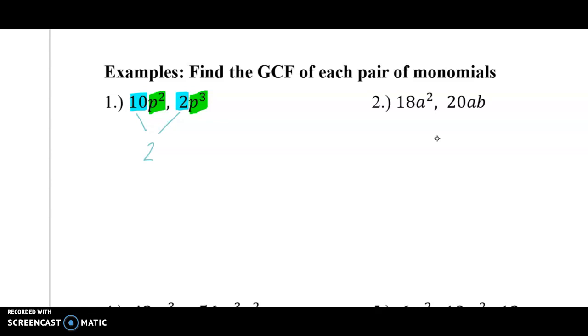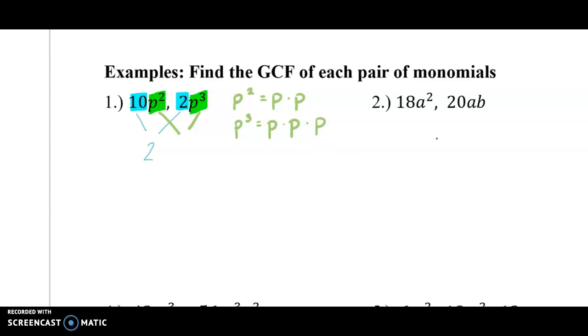Then we want to look at p squared and p to the third. What is the largest variable, or term, that goes into that? If you remember, and I'm only going to do this in the beginning, p squared is the same as p times p. P to the third is the same as p times p times p. How many times will they overlap?